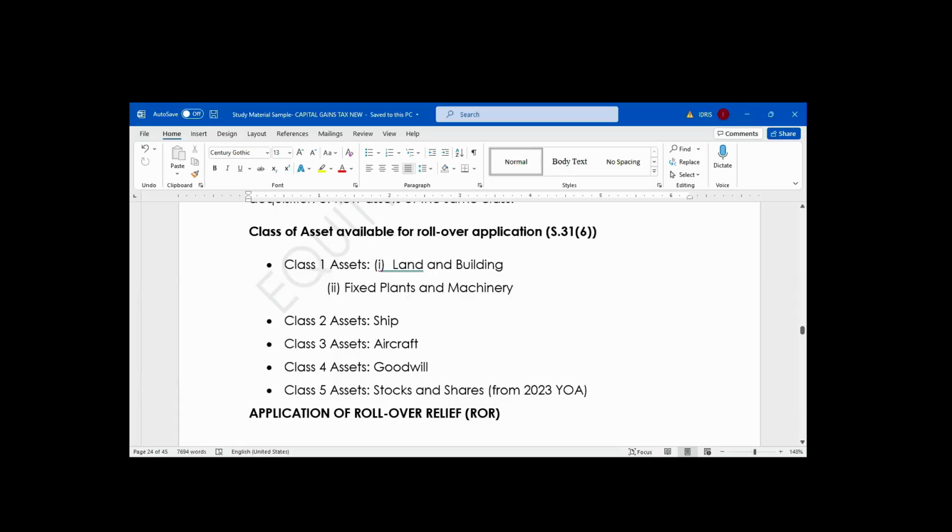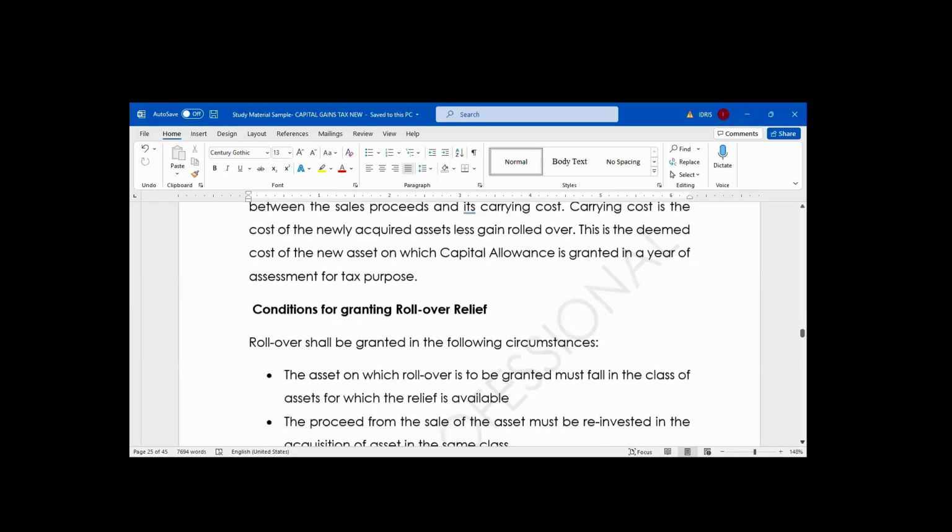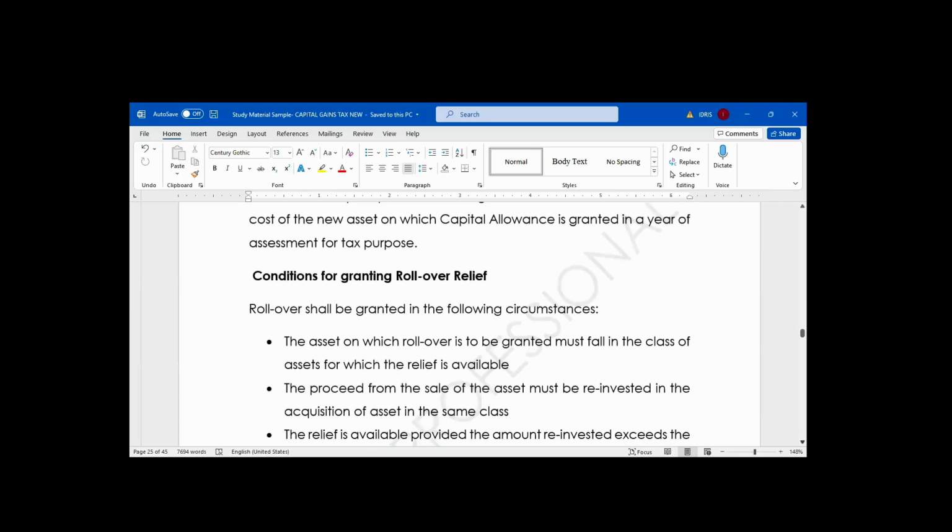So now, condition for granting rollover relief. If you want to grant a rollover relief, what condition for tax authority to grant a taxpayer a rollover relief?